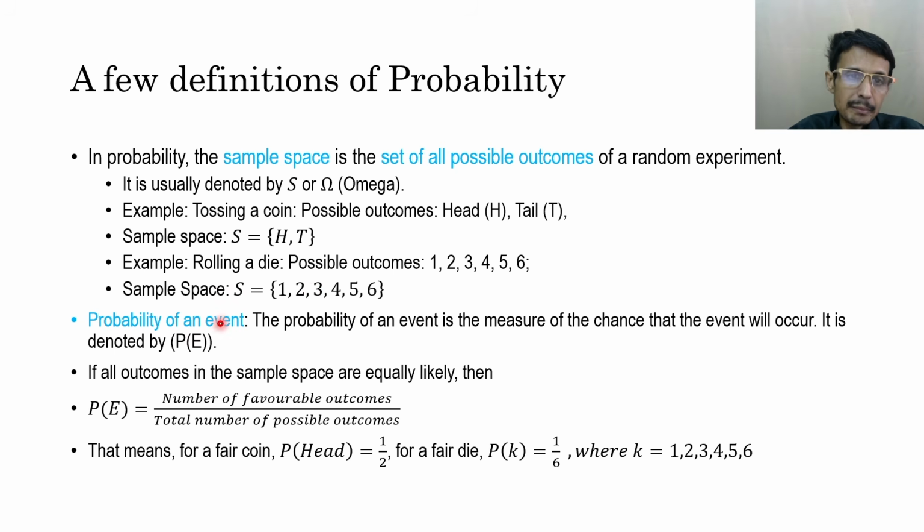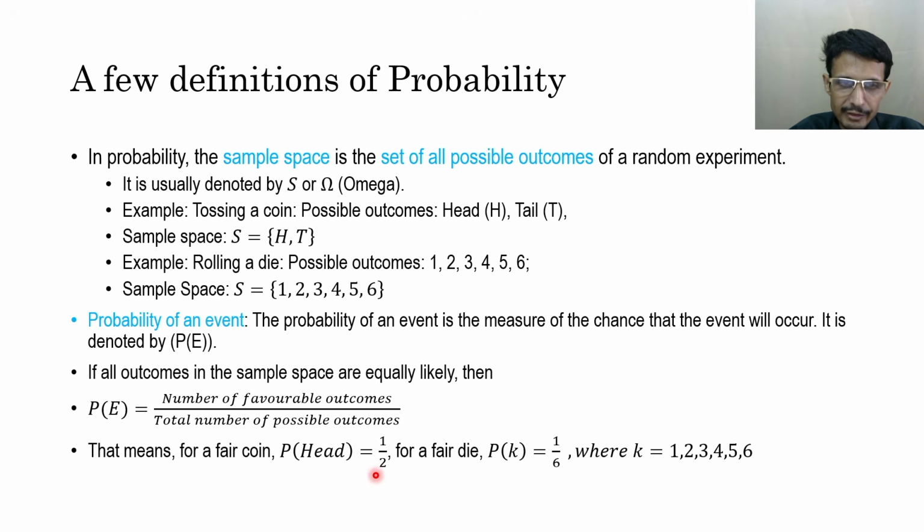Next, what do we mean by the probability of an event? The probability of an event is the measure of the chance that the event will occur, how probable it is that the event will occur. It is denoted by P. If all outcomes in the sample space are equally likely, then P is the number of favorable outcomes divided by the total number of possible outcomes.